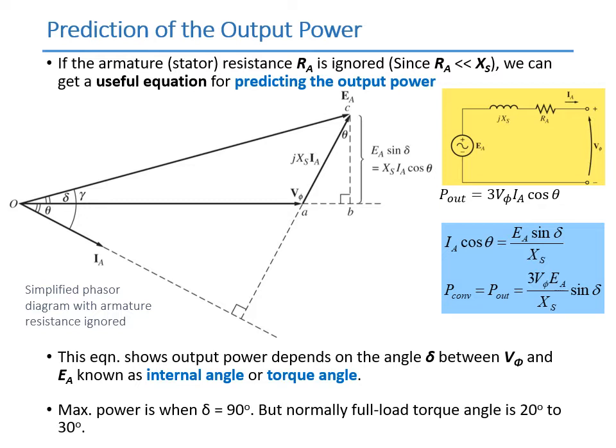If the armature or the stator resistance RA is ignored, which is a valid assumption since RA is a lot smaller than the synchronous reactance, then we can get a useful equation for predicting the output power.